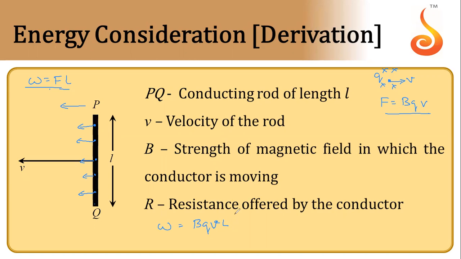Now we will take this term W by q, work done per unit charge. So that will come as BvL, and that is your motional EMF E. So EMF is BvL.